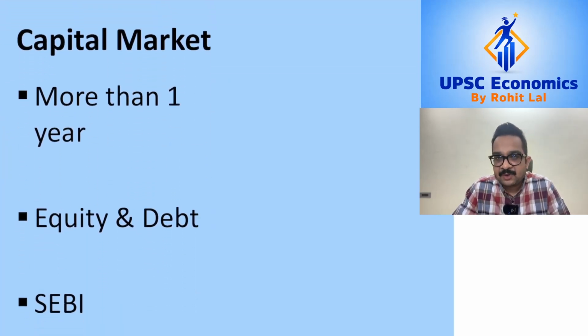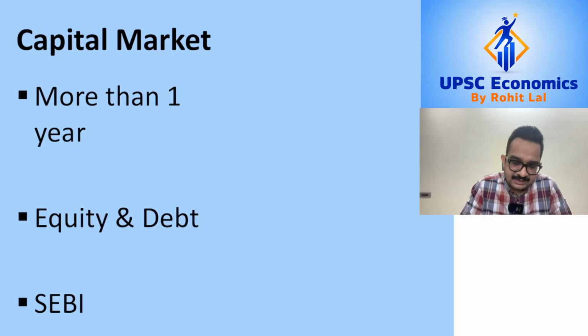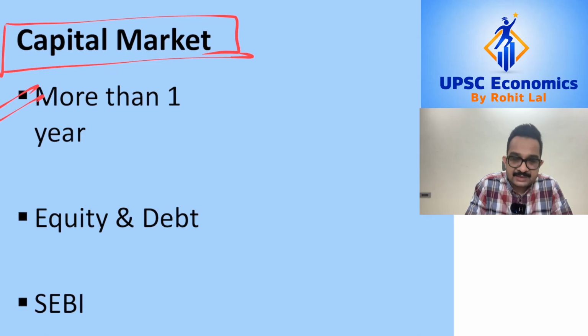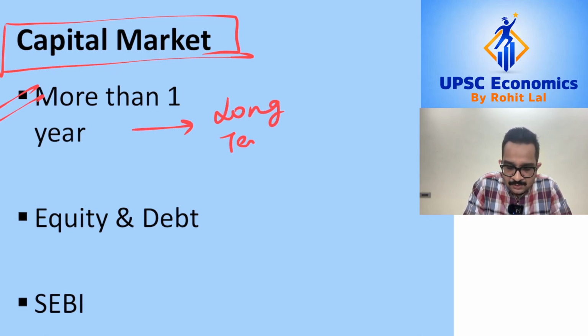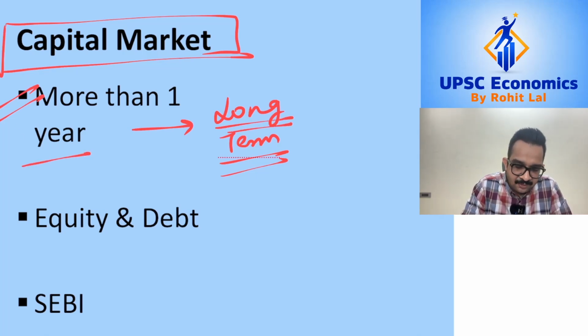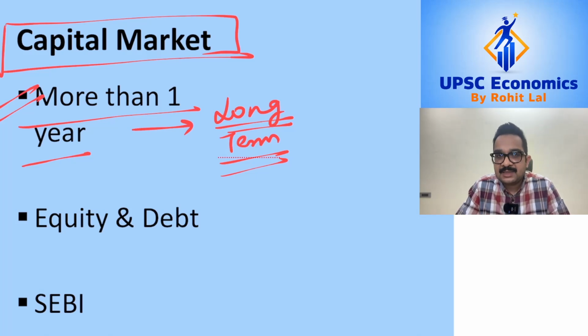The second broad component of financial market is the capital market. Now capital market is the market which is enabling entities to borrow and lend for long term. So if any entity wishes to borrow and lend for more than 1 year, then they can approach the capital market.